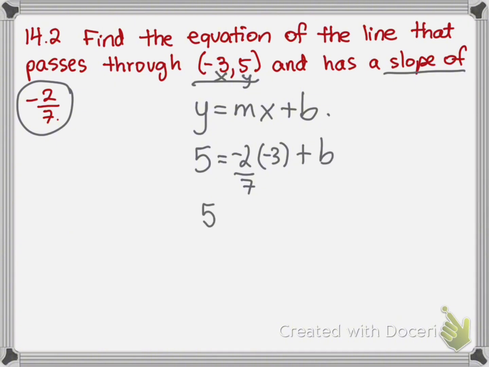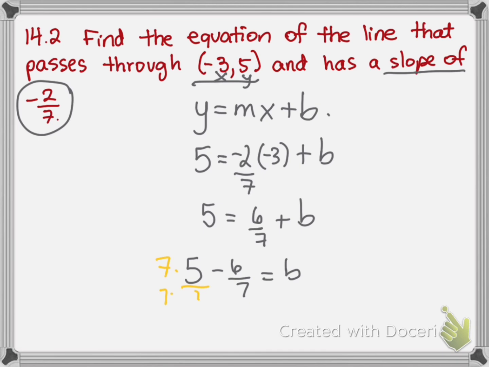So we simplify this. This is positive 6/7 plus b. And then the 6/7 is adding, so it's going to go to subtract. We need to do common denominator. We have a denominator 1. So times 7 and times 7.